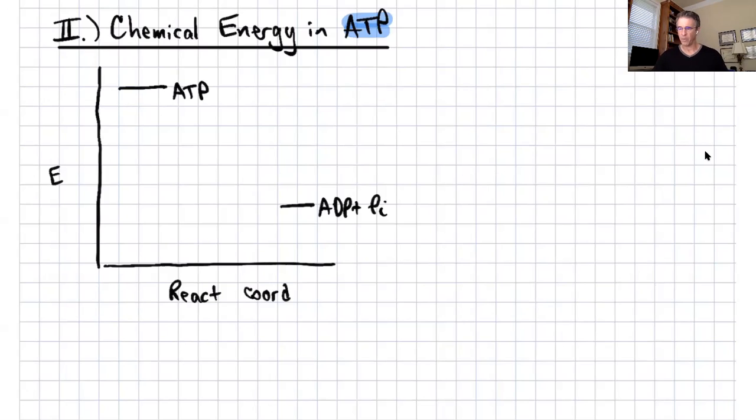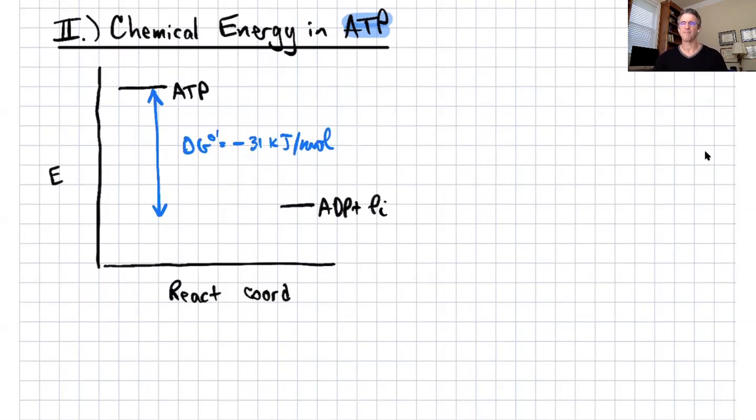We know that we have this large free energy change going from ATP to ADP. That standard state, right? That's minus 31 kilojoules per mole. Okay, fine. The question is why?